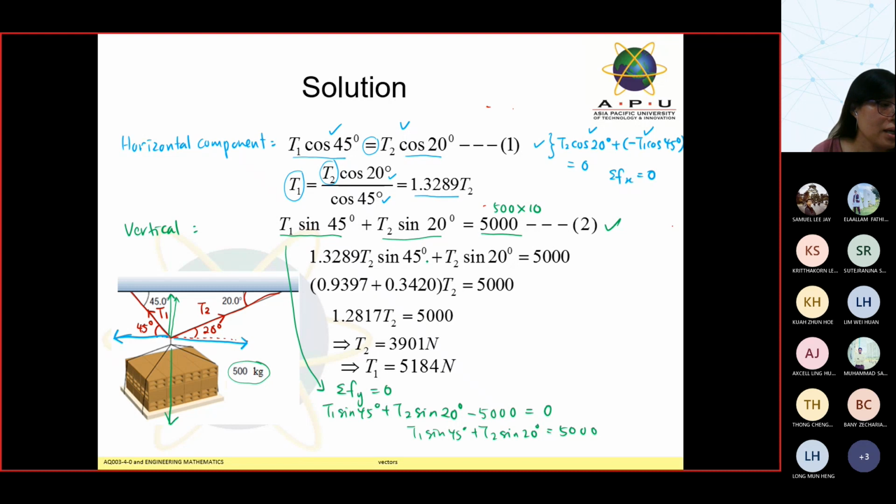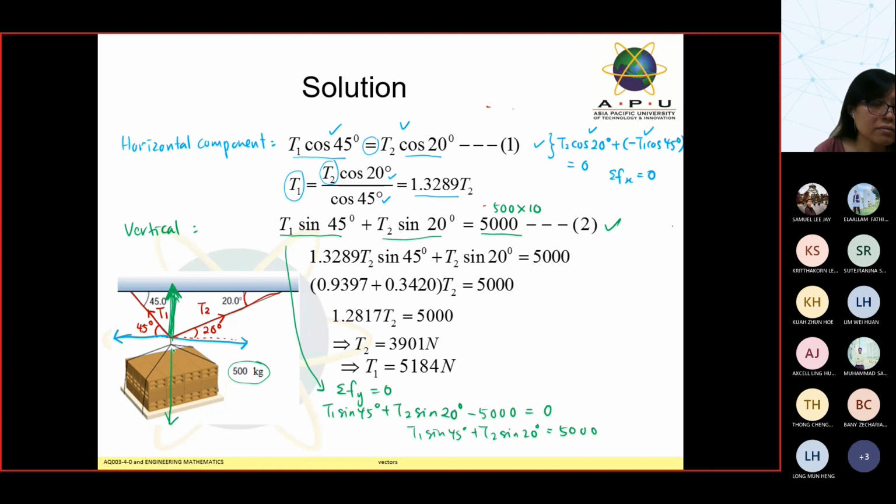Okay, so Saad, can you see T1 sine 45, T2 sine 20 are pointing up? Both are pointing up. Okay, so say we use those pointing up as a positive sign.